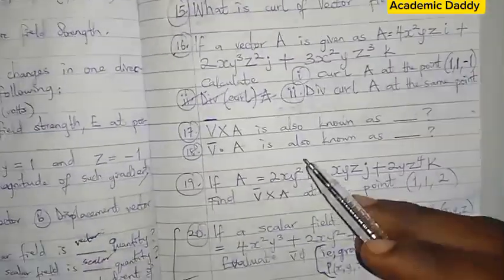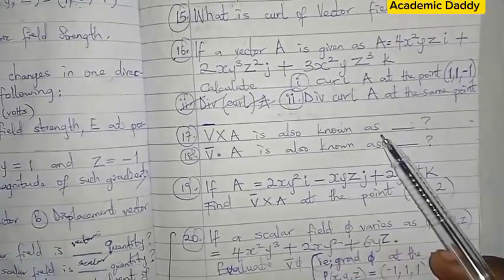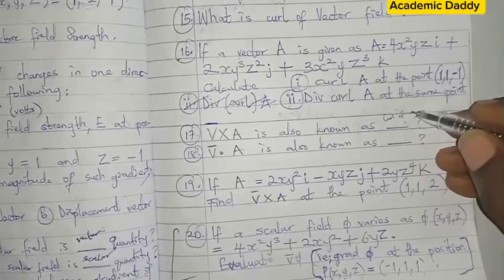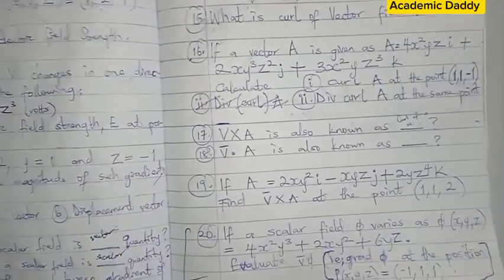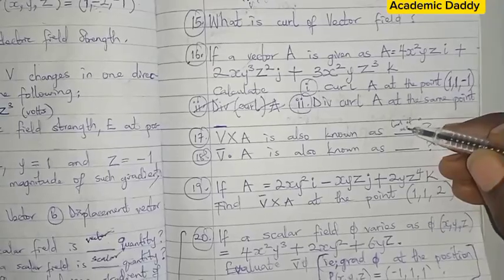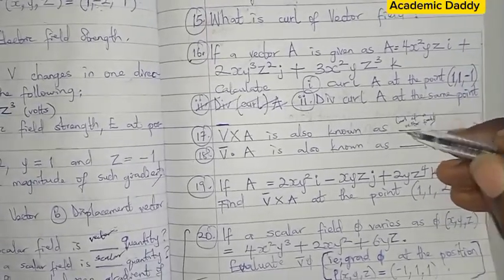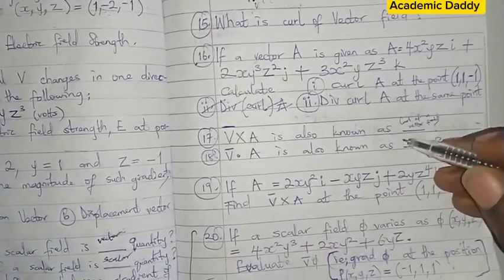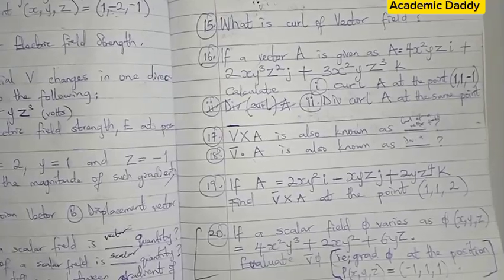Alright, I want to start with this one. They say del cross A, which I will call curl of a vector. The derivative cross product of A is known as curl of a vector field, while the derivative dot product is also known as divergence of a vector field.